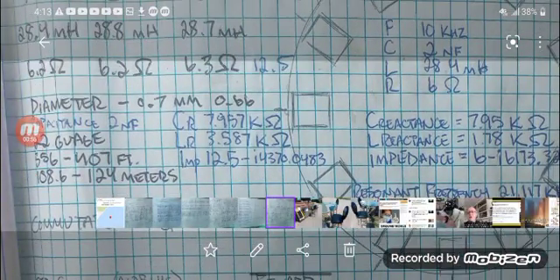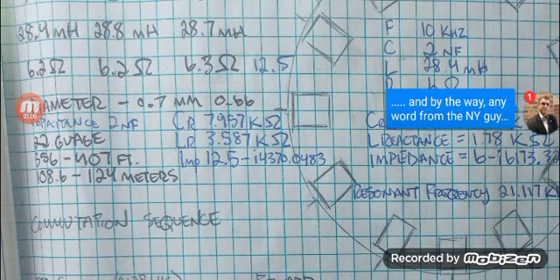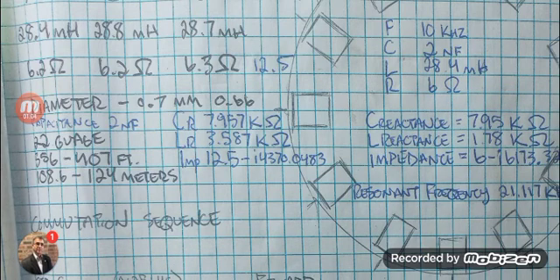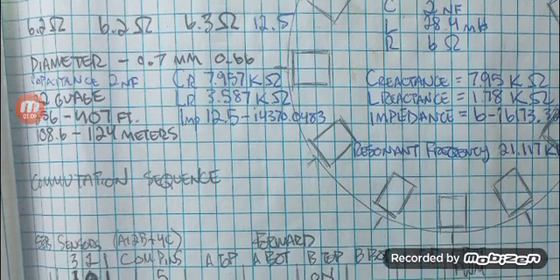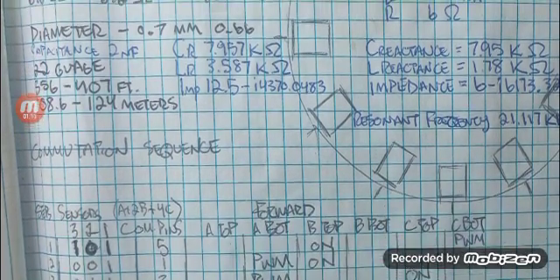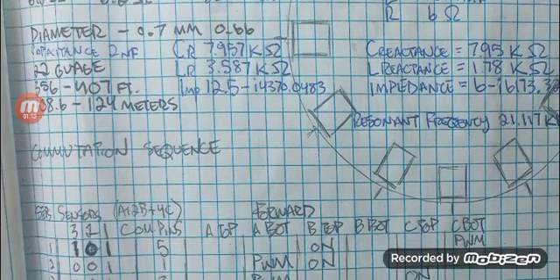Diameter of the wire is 0.7 millimeters. The capacitance of each phase is 2 nanofarads. Okay?